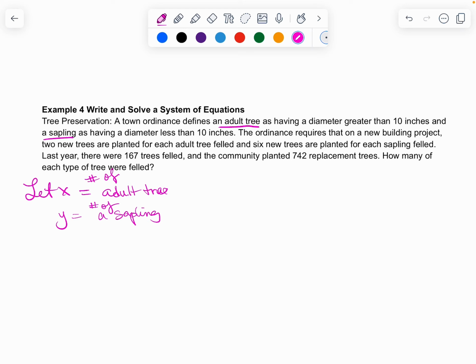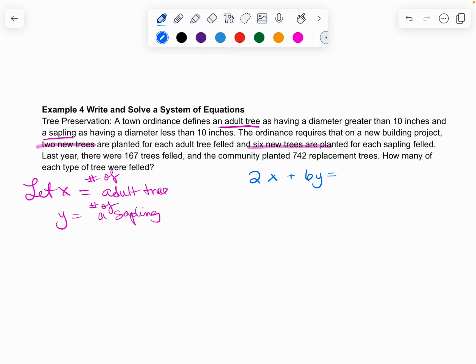Okay. So, what we know, where's my highlighter? What we know is there are 2 new trees planted for each adult tree, and there are 6 new trees for each sapling. So when we do this, let me go back to my pen. So 2 new trees for an adult plus 6 new for a sapling.